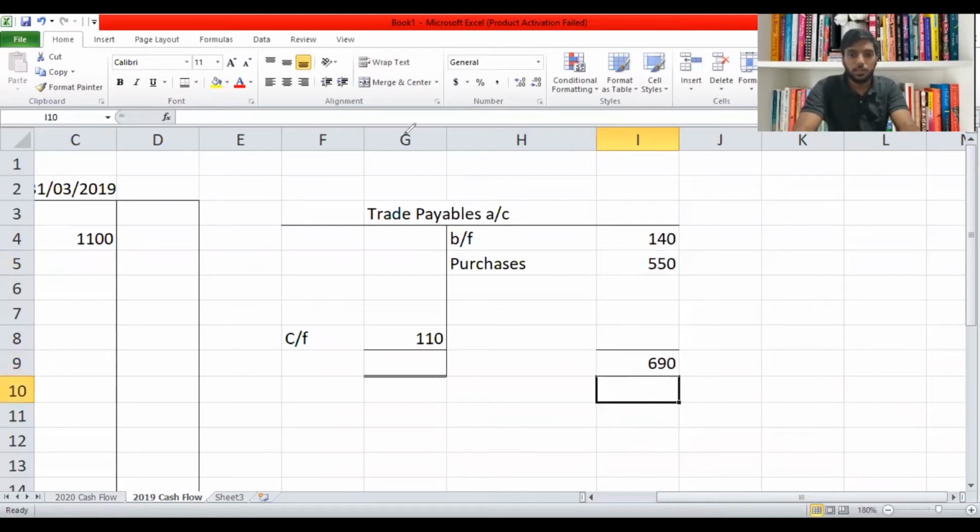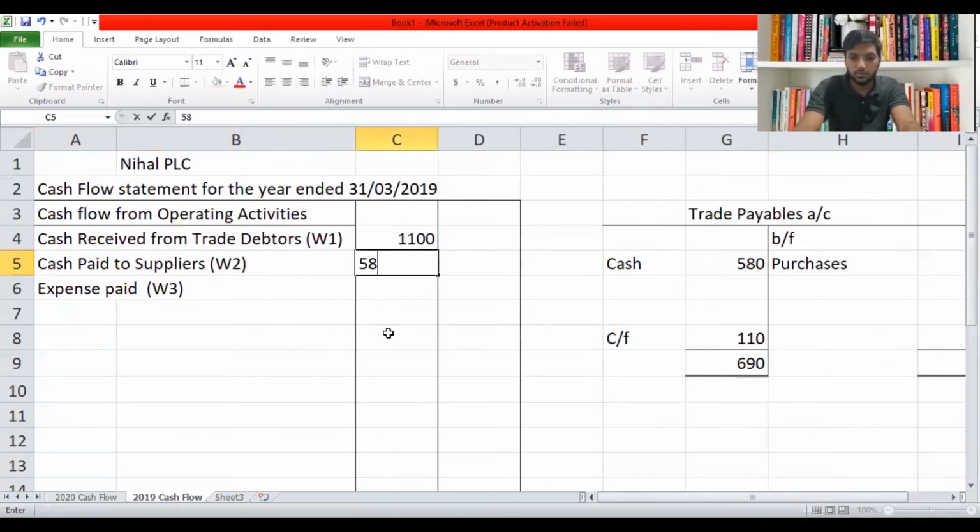After finding 690,000, I'm not yet done. I just need to write the same value on the debit side because the credit side is higher than the debit side. So 110, if I deduct, I'll get 580. This is the cash which I have paid to the suppliers. So I'll take this 580 here.